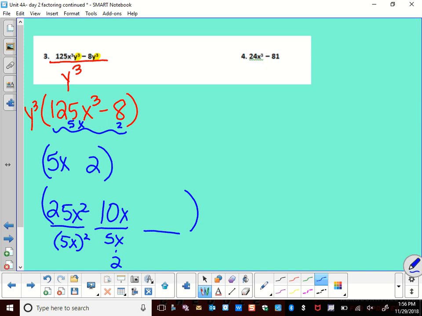My last term, I square the last term. So what is 2 squared? 4. My signs are same, which is minus, then plus, plus. And that is y cubed.